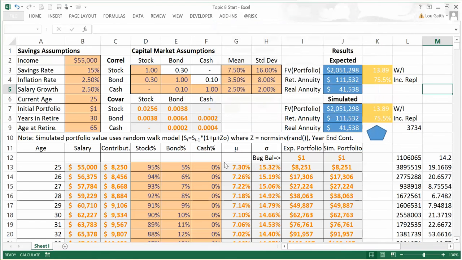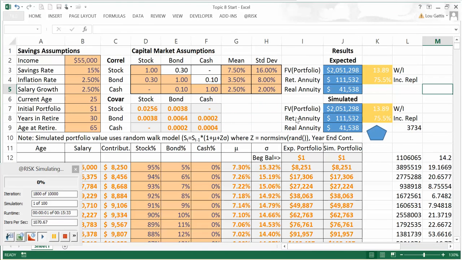I can analyze. It'll ask me to make this an output. And that might take a minute. It'll go faster than you think. It'll start off slowly, then finish rather quickly. And then it'll show you what savings rate you need to have a goal of replacing 60% of our income.